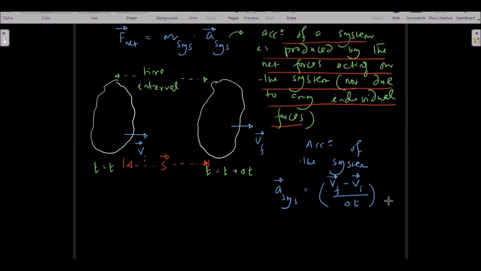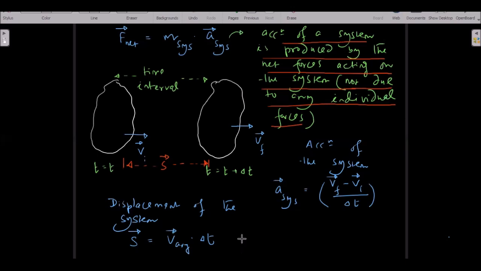And we can also write displacement of the system, S vector, is equal to average velocity into time, like S equal to Vt.